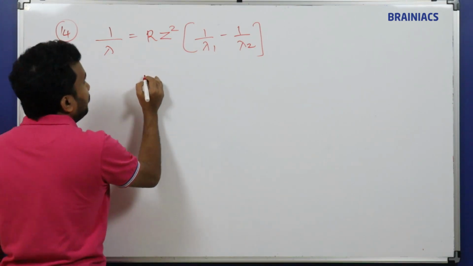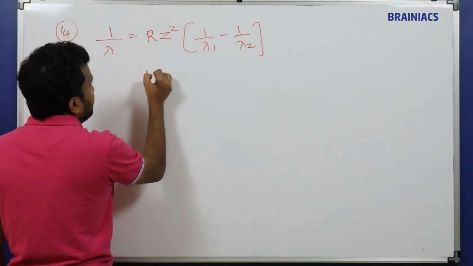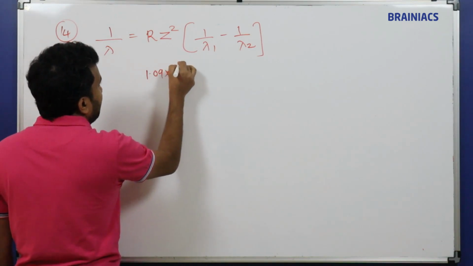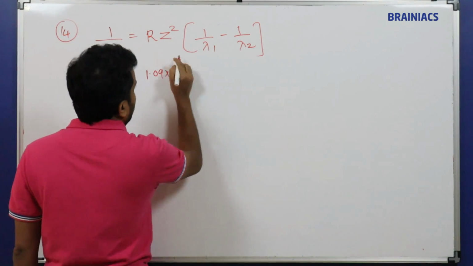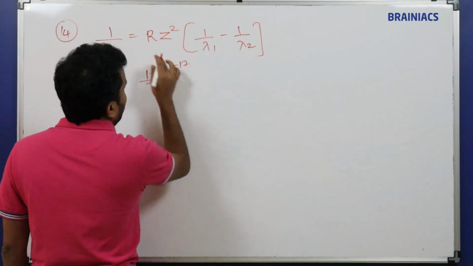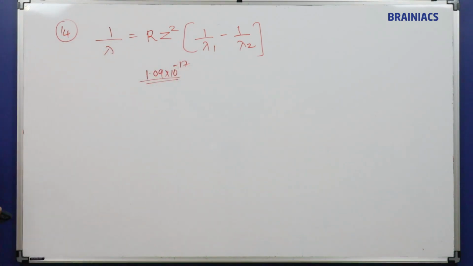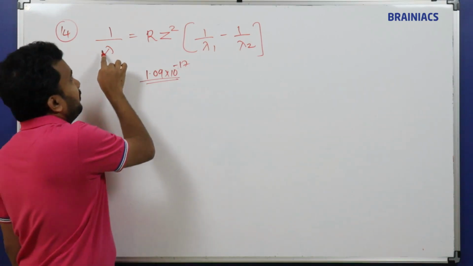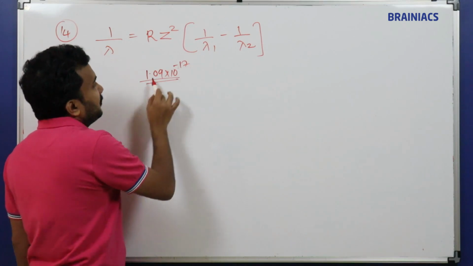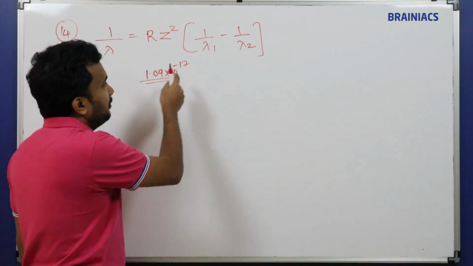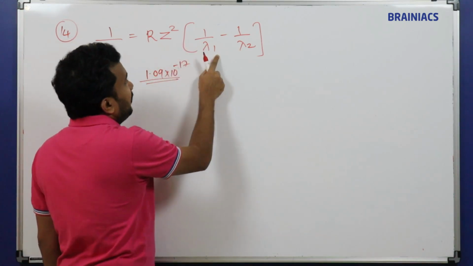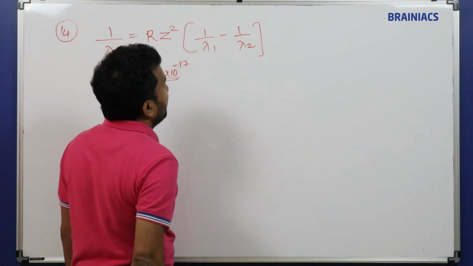The Rydberg constant value is 1.09 into 10 power 7 I guess, but it is not in the syllabus to remember the value to solve it. The formula you can remember.